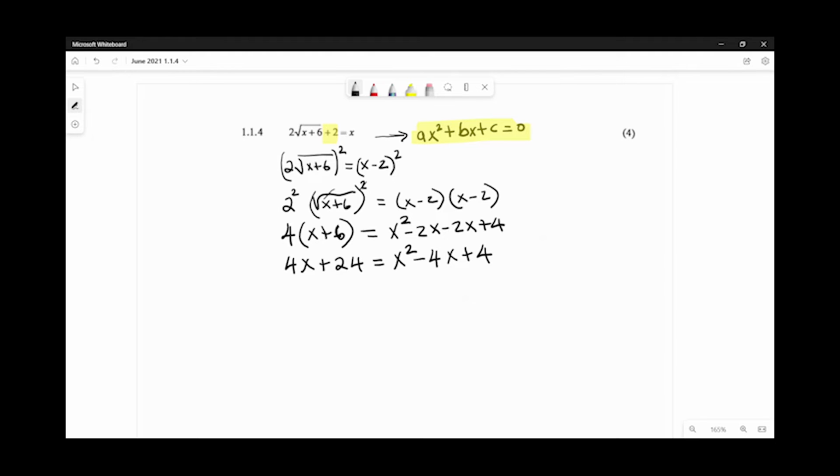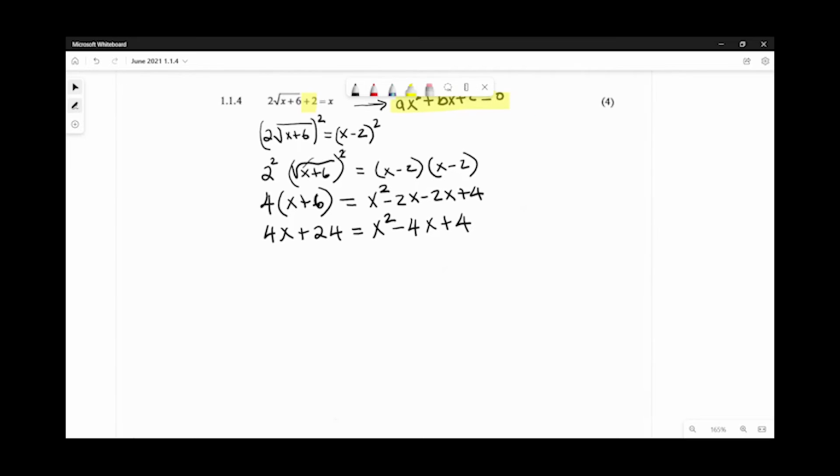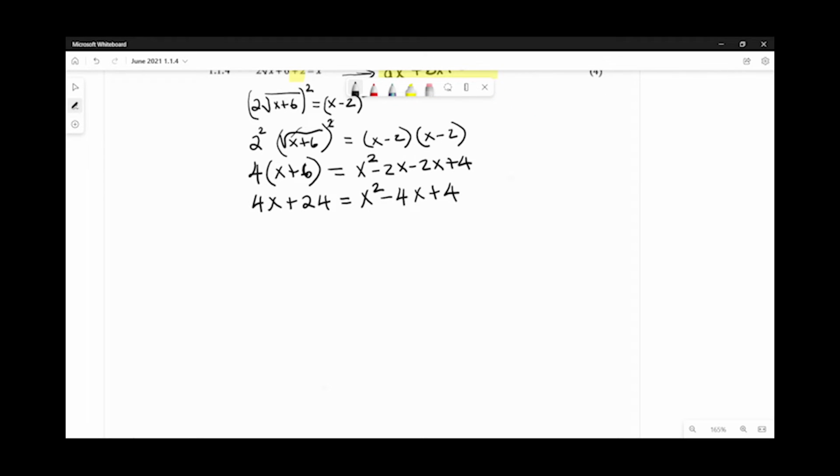And now we should just move everything to one side. Let's move everything to the right hand side because I want to make sure that this x squared here remains positive. So we're going to take everything that's on the left hand side and move it to the right hand side. This is going to be 0 left here.